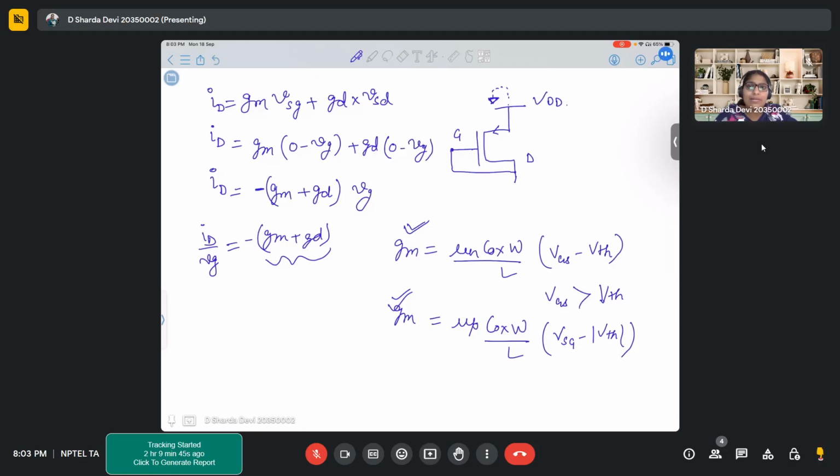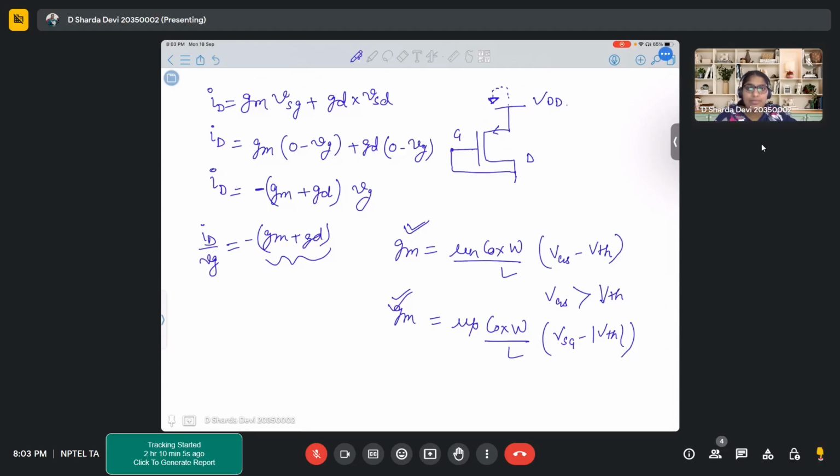But there is some deviation because of channel length modulation, which is why you find some inclination. And that is the slope, delta ID by delta VDS, correct?